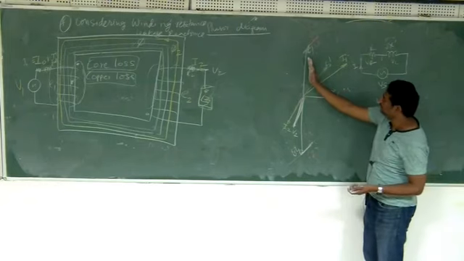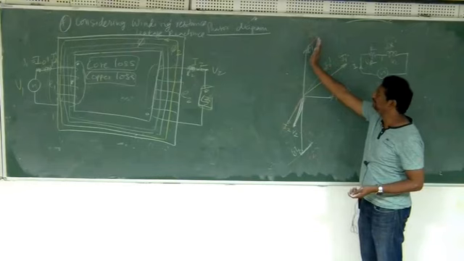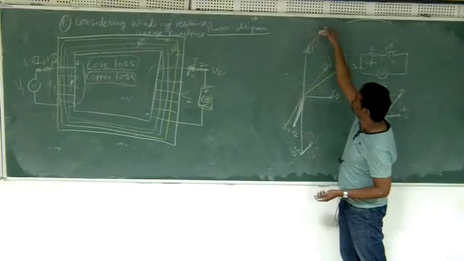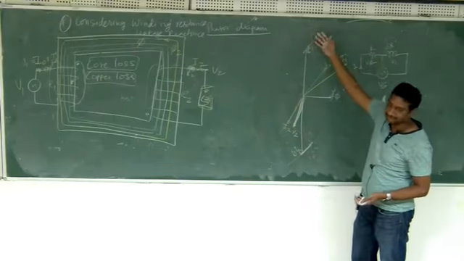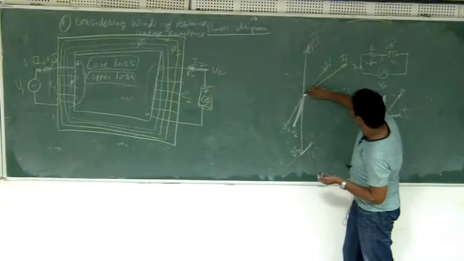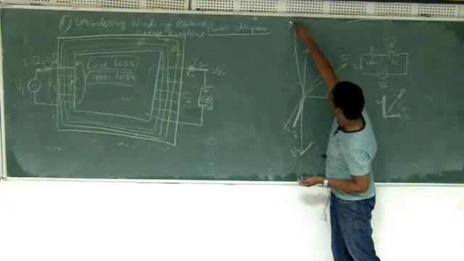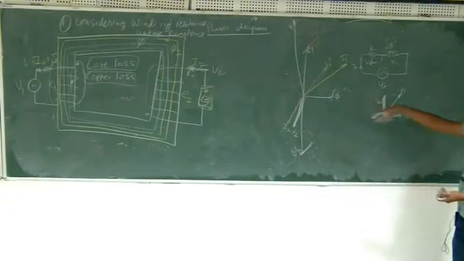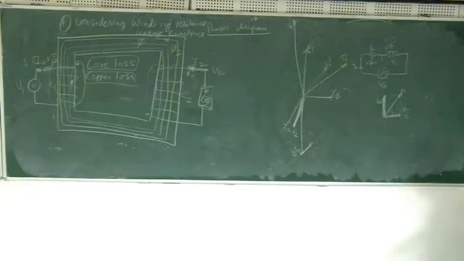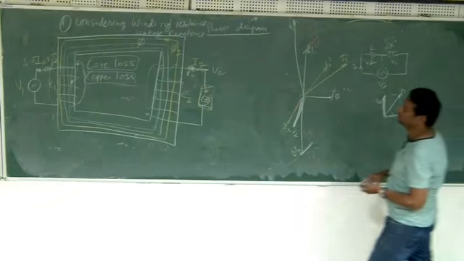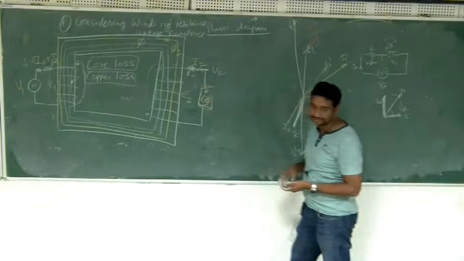To E1 I am adding I1 R1, which is parallel to this, and 90 degrees leading that will be I1 X1. Okay, then this total will be V1. So this is the vector diagram for a transformer on lagging load, considering both resistances of these two and all.